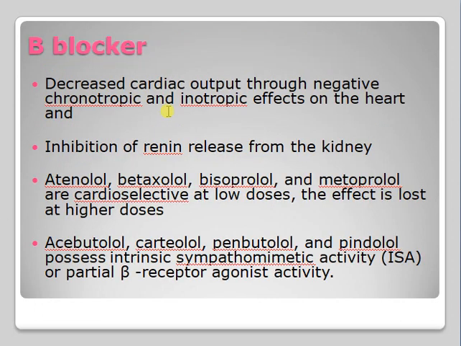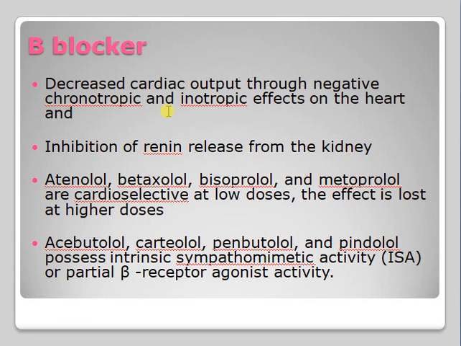Now the next category is the beta blockers. Beta blockers are a broad category of drugs. They can be non-selective as well as selective. If we want a specific cardiac effect, then we have to use selective agents, that means beta 1 selective agents.